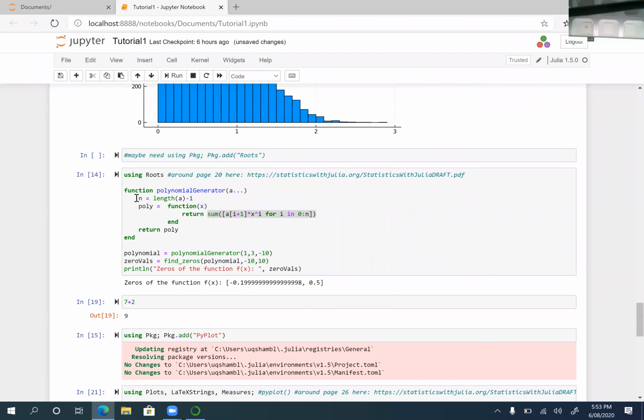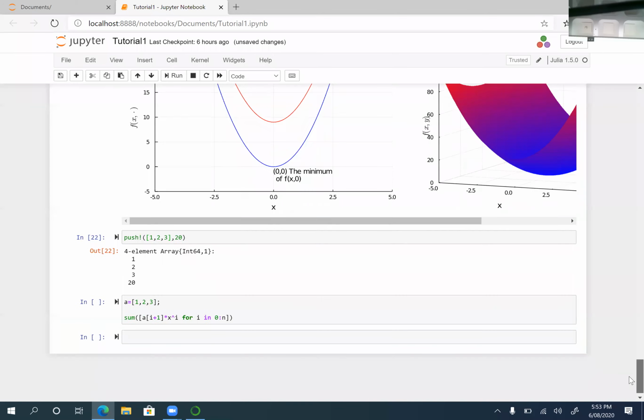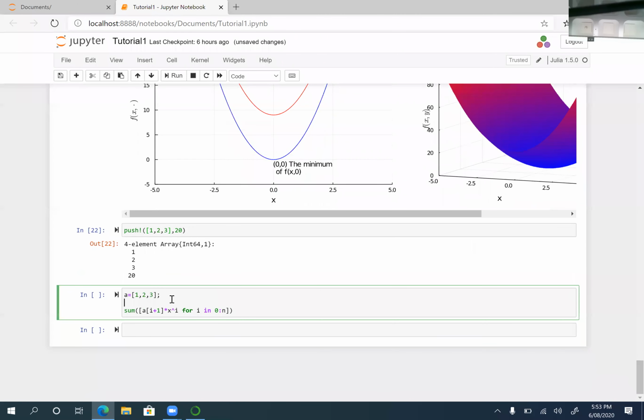Okay, so I need this part. So I'll copy that. And we'll come down there, and I'll pop it in there. Okay, so n here should be equal to 2. And then I would be taking a sum, right?